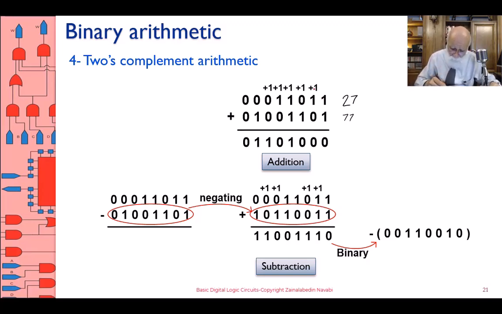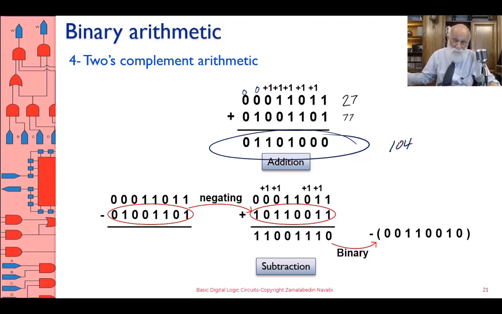1 and 1 is 0, a carry of 1. 0, 1, 0, 1, 1, 1 is 1, a carry of 1, and so on, and my result becomes this. Okay? Hopefully, this is 104.